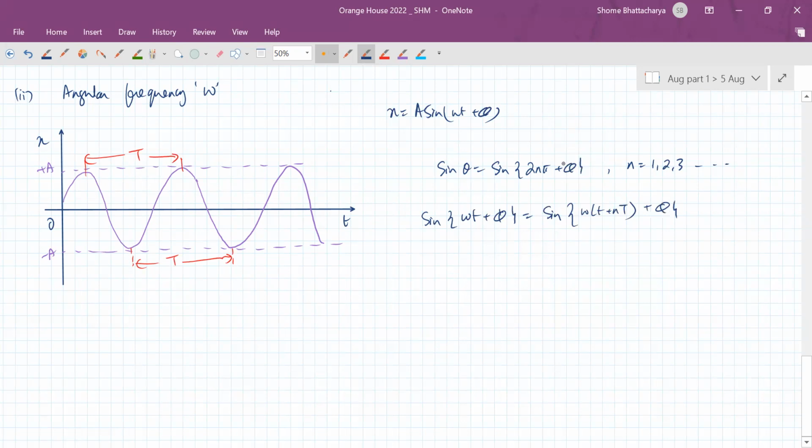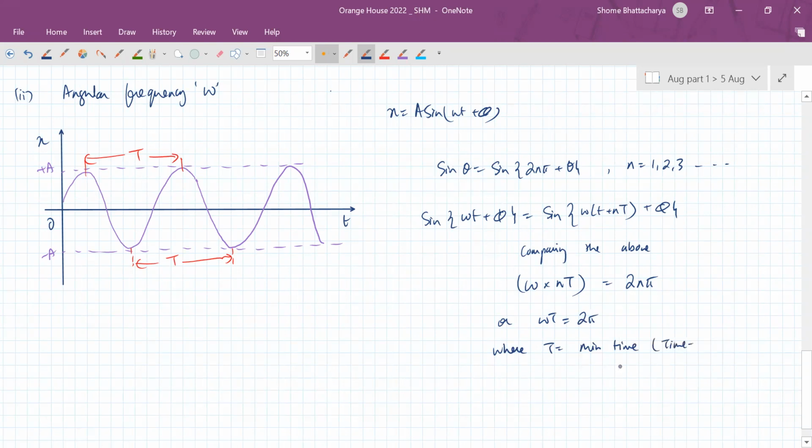Comparing this with the above equation, you can see that omega into n times T should be equal to 2n pi, or omega T should be equal to 2 pi, where T is the minimum time, or what we call time period, for completion of a cycle of oscillation.